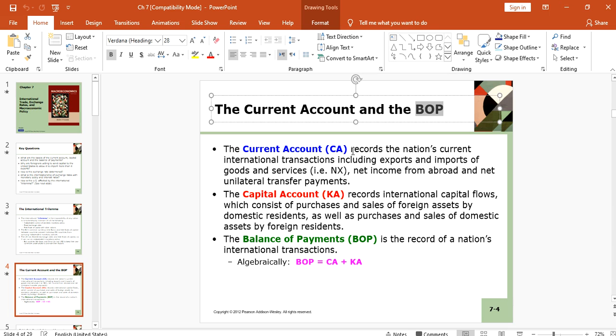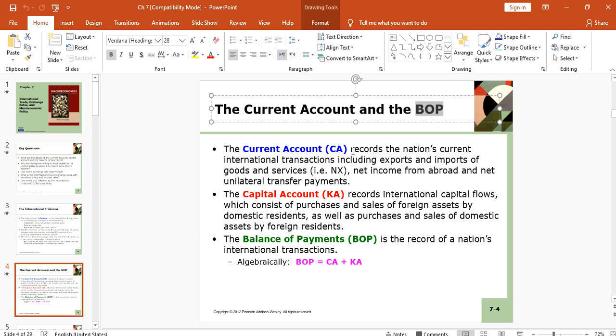So Europeans buy some assets in the United States, or some US guys buy in London. Assets here we mean financial assets actually: bonds, stocks, or other assets.